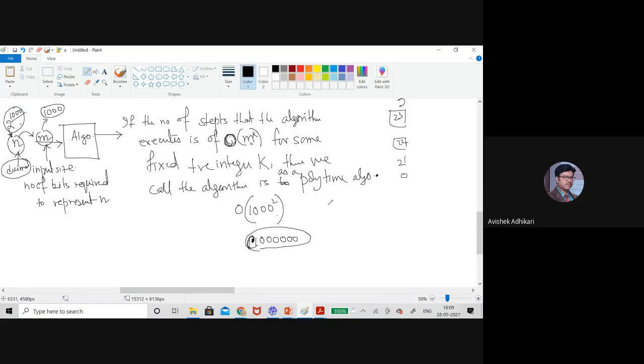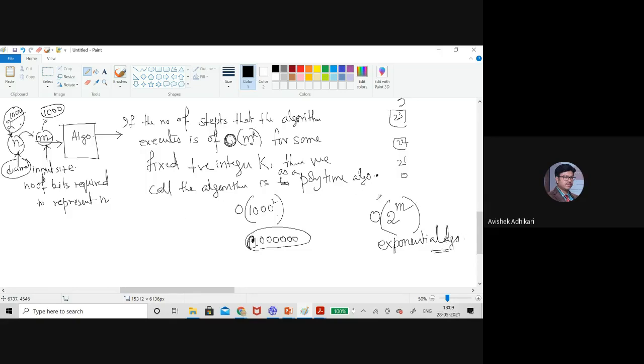Okay, but if your algorithm is exponential with respect to m, say order of 2 to the power m, if your algorithm executes order of 2 to the power m many steps, then we call this algorithm an exponential algo.